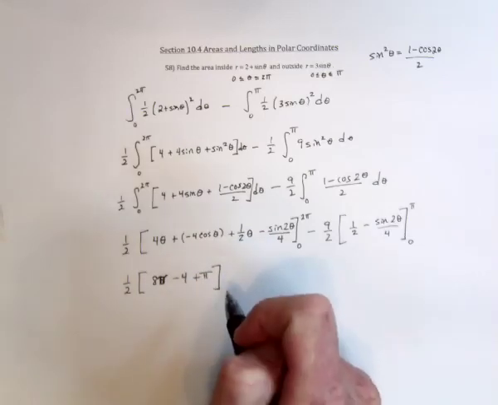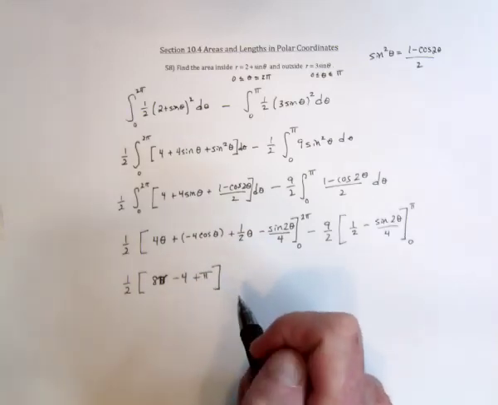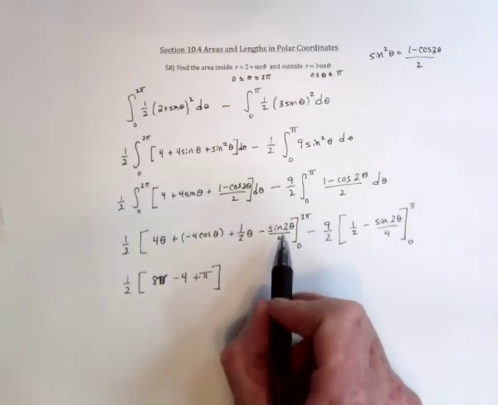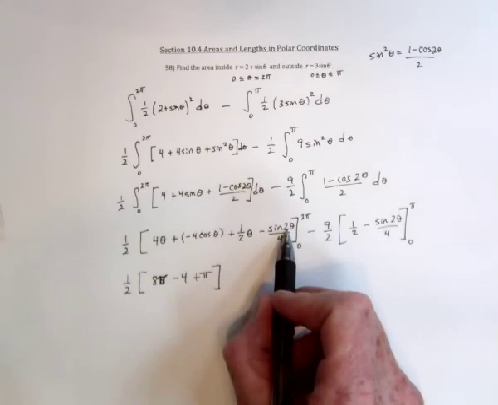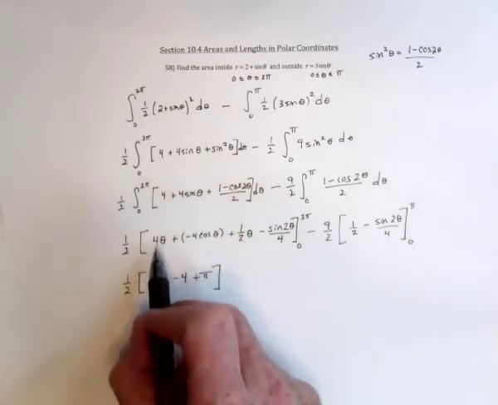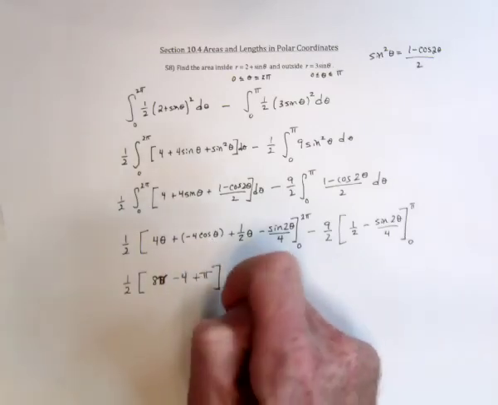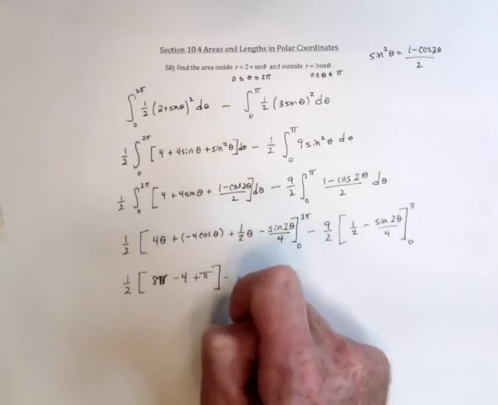And then for that one, I still need to substitute 0. I was thinking that all of these are going to be 0, because this would be sine of 0, but cosine of 0 is 1, so there's actually minus a negative 4.